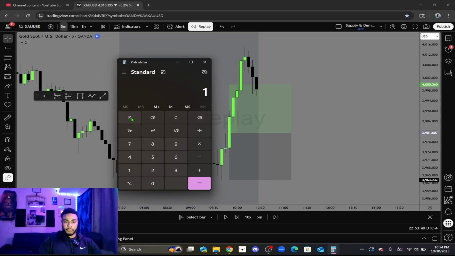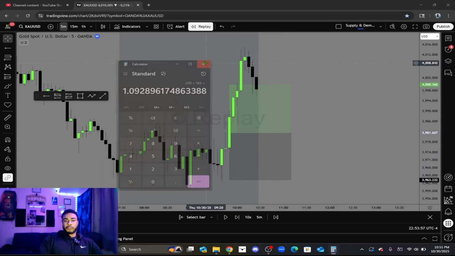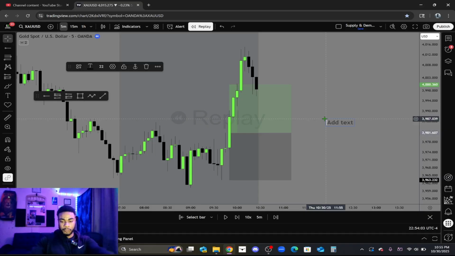So let's say I were to risk $200 divided by 183 pips on gold, that's going to be $1.09. So on this trade, I'll be risking $1.09 per point on this gold trade to risk $200, which is going to equal a 0.10 lot size.